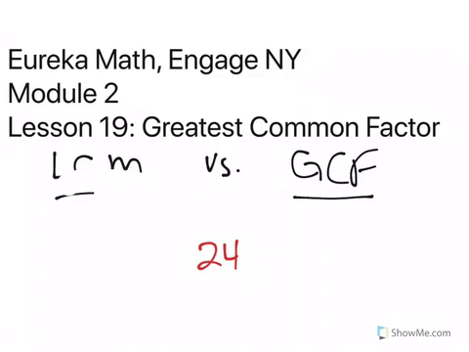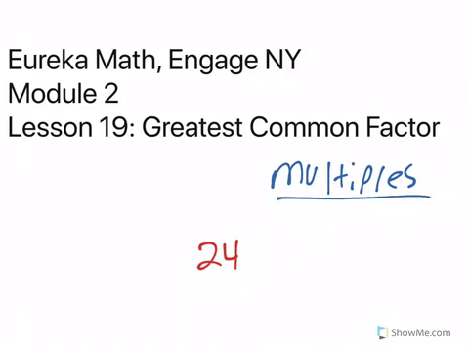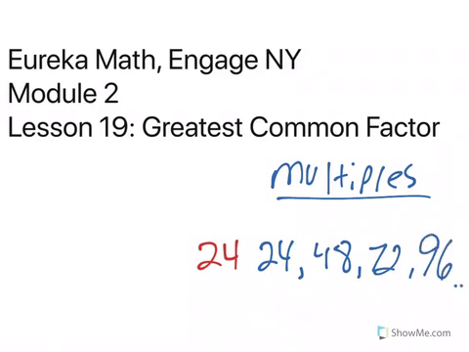If I'm going to find multiples of 24, I'm going to be looking at 24 times 1 is 24. 24 times 2 is 48. 24 times 3 is 72. 24 times 4 would be 96, and so on and so forth, and it would keep going.